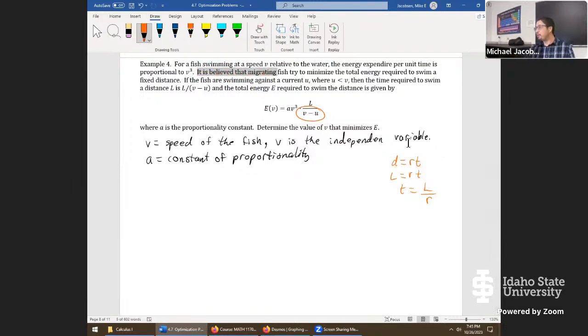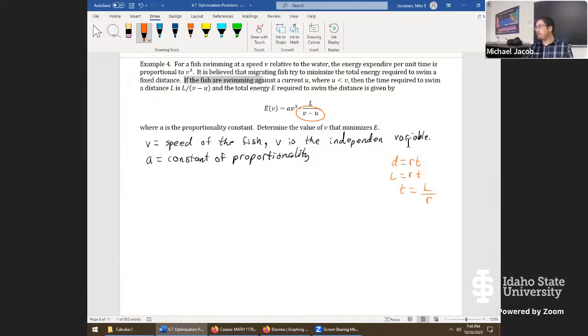It's believed that migrating fish try to minimize total energy required to swim a fixed distance. And nature does this. Nature is kind of strange in the ways it tries to maximize and minimize processes. That's how a lot of these formulas were even discovered, assuming that they are trying to minimize energy expenditure, maximize caloric intake, that kind of thing.